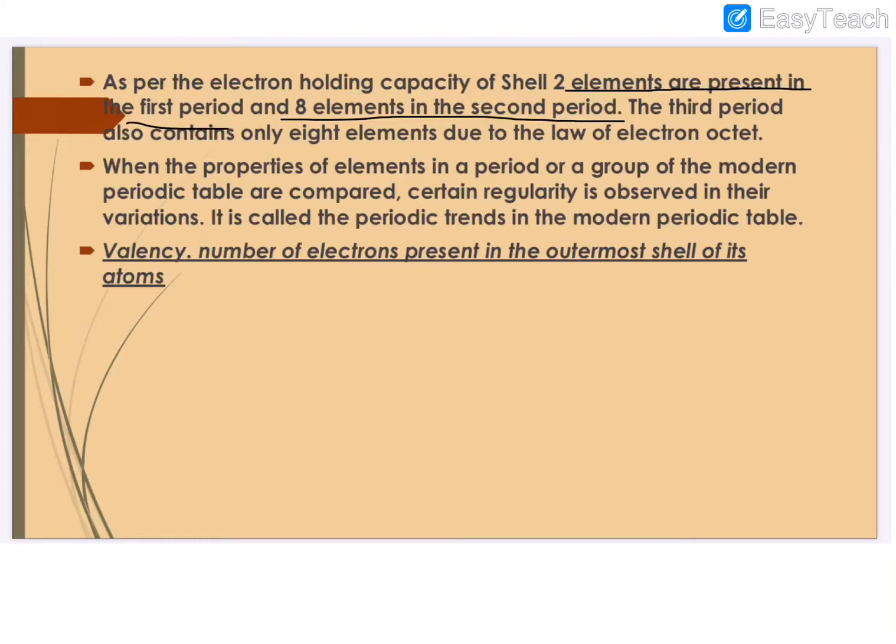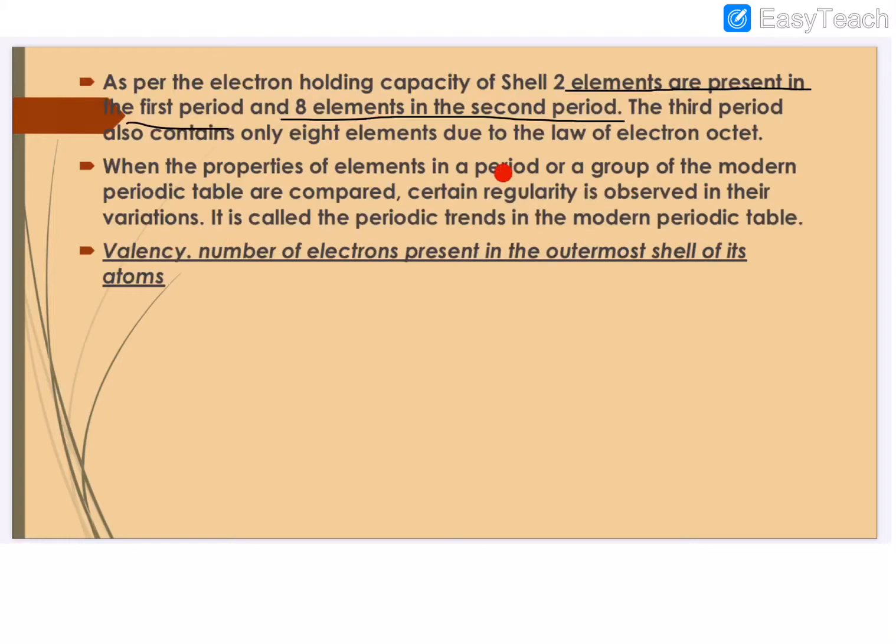When the properties of elements in a period or a group of the modern periodic table are compared, certain regularities are observed in their variation. It is called a periodic trend. Just as in the previous periodic tables, in the modern periodic table also there are certain regularities, meaning similarities, in the properties of elements in a period or group when their variation is observed.